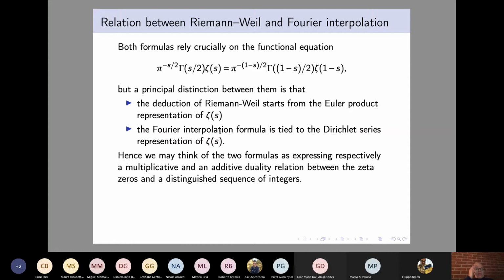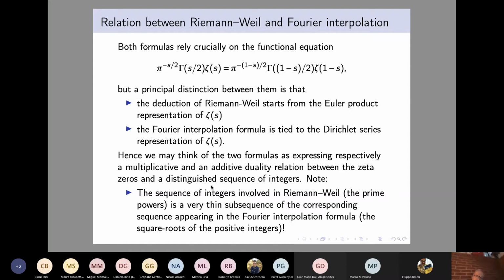But what I find quite striking is that you could say that the two formulas express, respectively, a multiplicative, that is the Euler product version, and an additive duality relation between the zeta zeros and a certain distinguished sequence of integers. So you have two different kinds of Fourier duality involving the zeta zeros, one multiplicative in nature and another one additive in nature. That is a way to look at these two different duality relations.